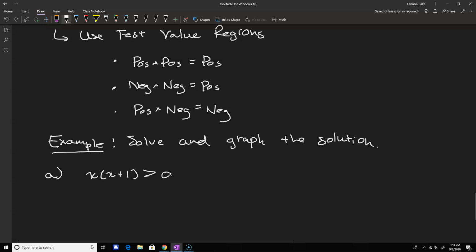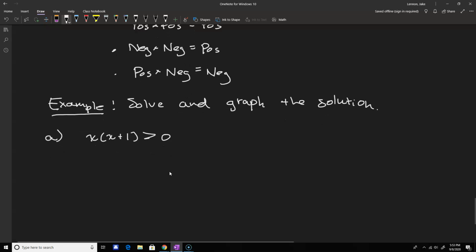What we have here is two expressions, x and x plus 1, being multiplied together. And we know that this is going to be a valid solution when it's greater than 0. So the interesting points actually are, we know it would be 0 when x is 0 or when x plus 1 is 0. So we can break up all of our values based on that.